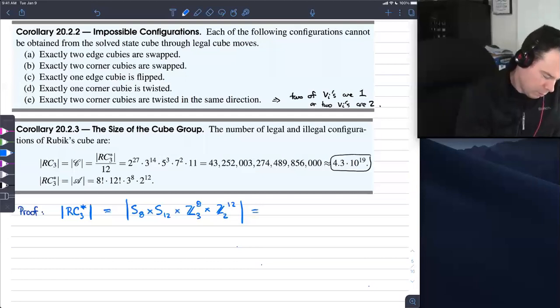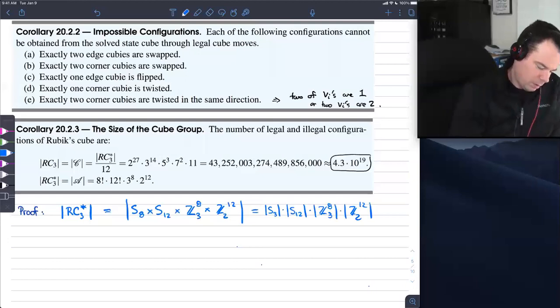So the size of that Cartesian product is just the product of the sizes of the individual sets that make it up. It's the size of S8, sorry, I wrote S3, it's S8.